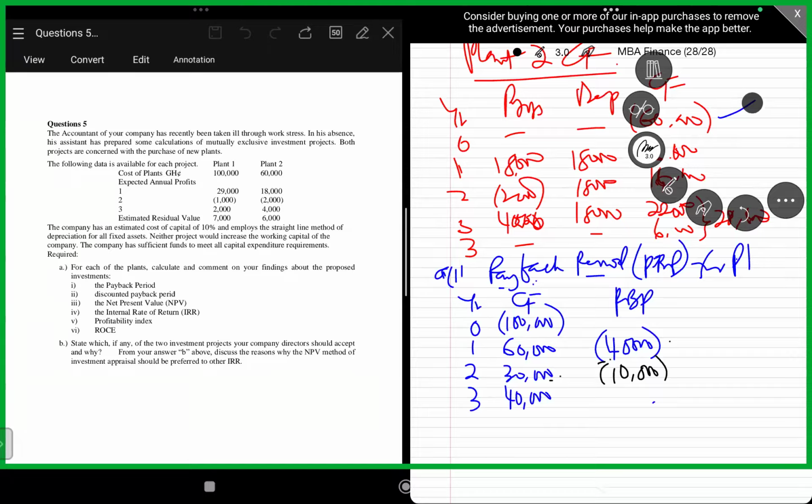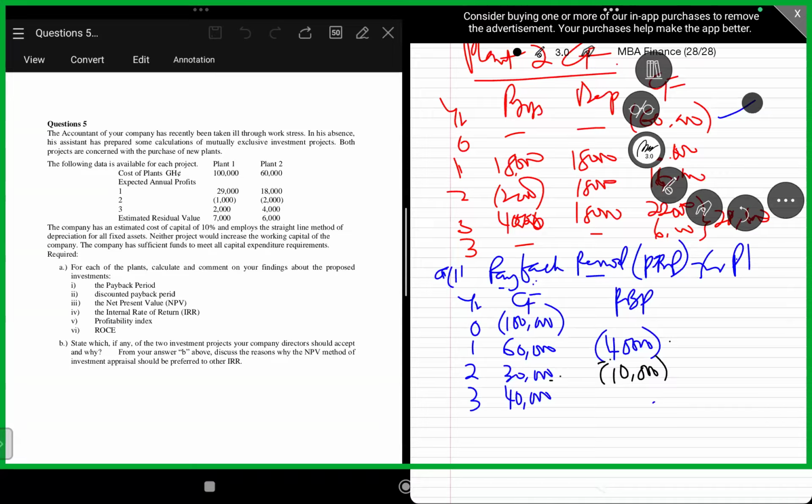So in year 3, the business can pay all the outstanding 10,000 balance. In year 3, the business will earn 40,000 in cash flow, and it will pay the outstanding 10,000 balance at the end of year 2, right?